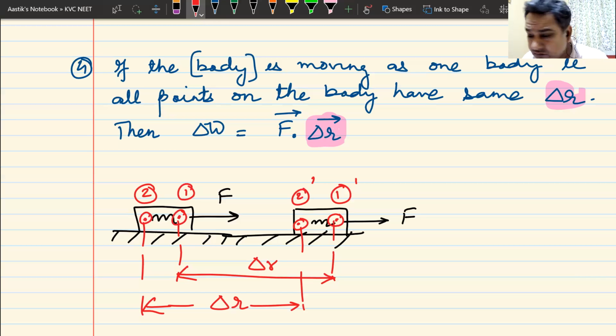Now you will wonder, sir, can it happen that different particles of the same body have different displacements, different motions? Yes. Take a simple example. This pencil. I'm going to throw this pencil up. While this pencil is going up, it is going like this.